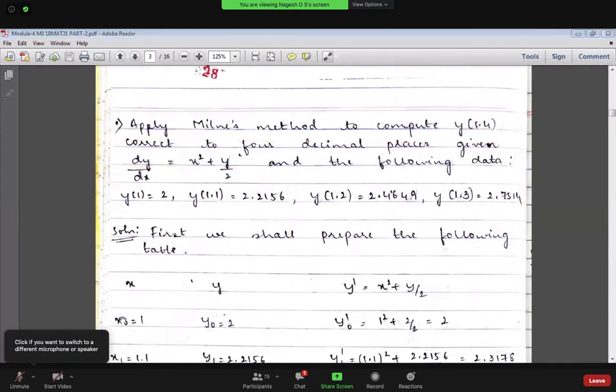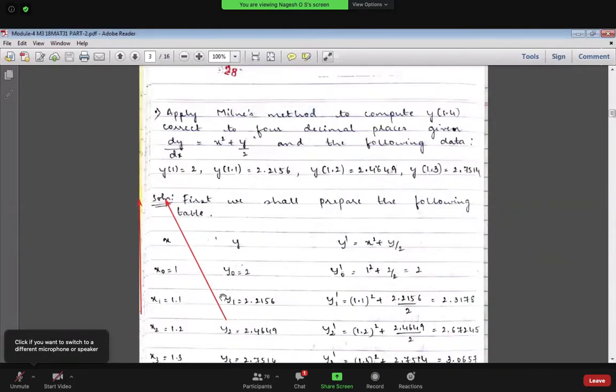I'll clear everything. This is the x0 value. Here, write x0 equal to this, y0 equal to this.